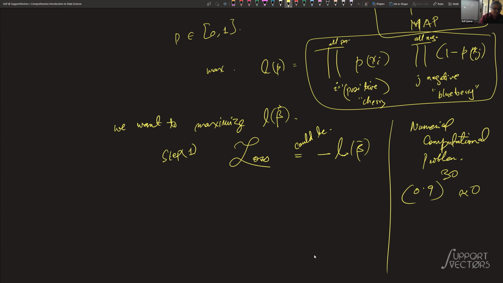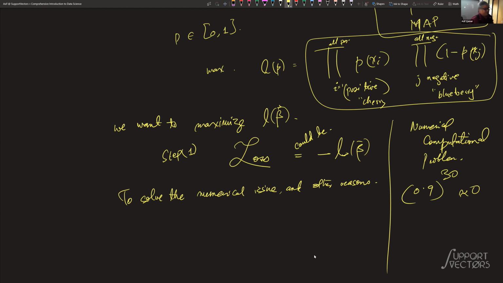So there is a trick. To solve the numerical issue, and also for other reasons, you realize one thing: if you take the log, it converts products into additions. Do you remember that?